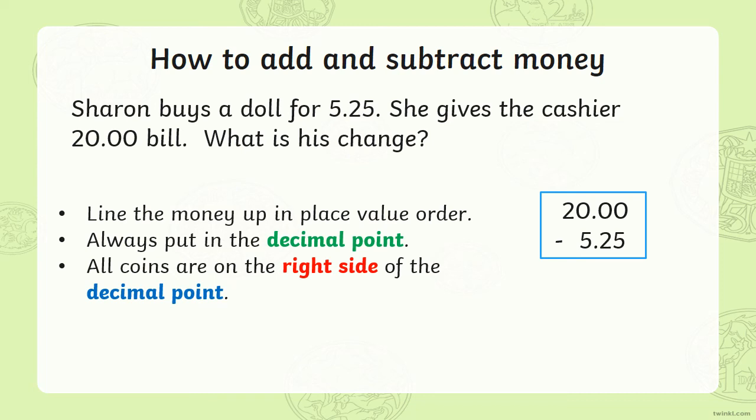And so 5 from 0 we can't, 2 from 0 we can't. So what we have to do is go to regroup. Okay? When we take away 1 from the 2, it leaves us with 1. So we put that over to the ones place, but then we have to take something from that ones place, which should leave 9, and we have to carry it over to our decimal side, our coin side.